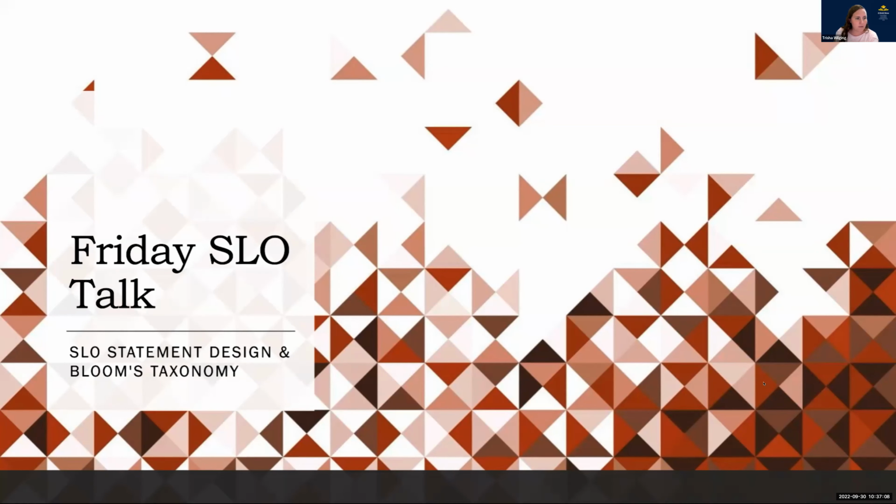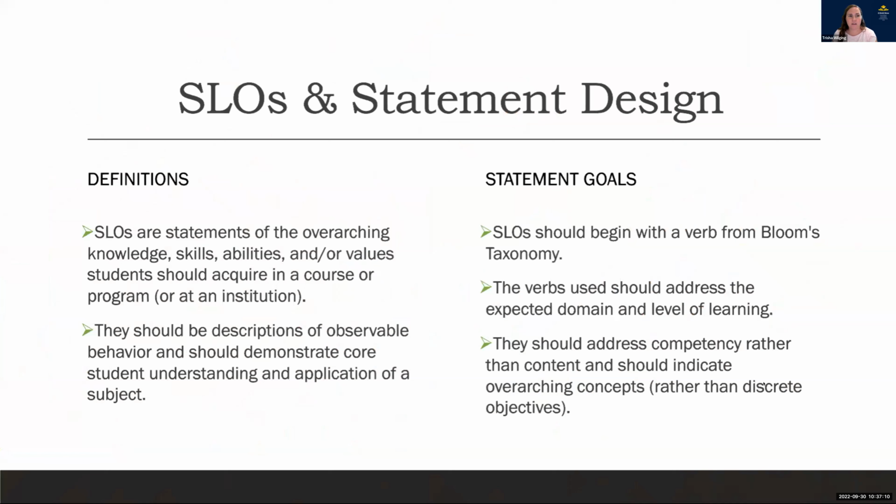We just wanted to emphasize again some of the definitions. SLOs are statements of overarching knowledge, skills, abilities, and values that students should acquire in a course, program, or institution. They should be measurable descriptions of observable behavior and demonstrate core student understanding and application of a subject.